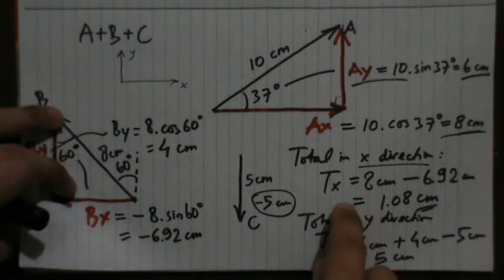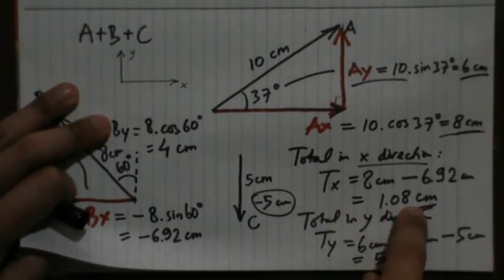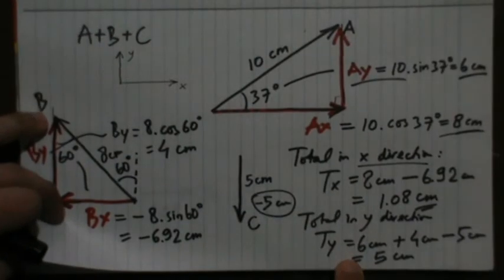So here we have two vectors, the vector in x direction Tx here is 1.08, and the second one is Ty 5 centimeter.